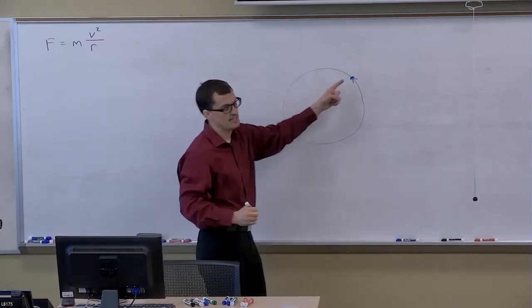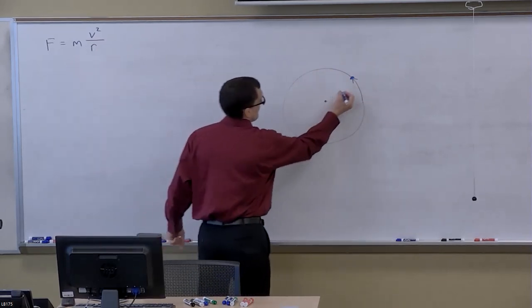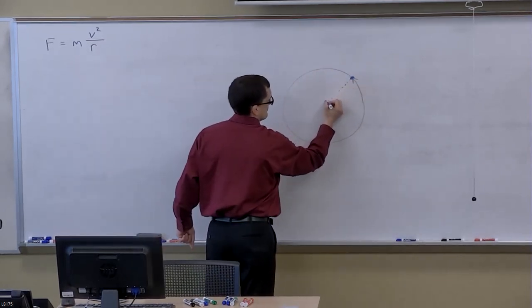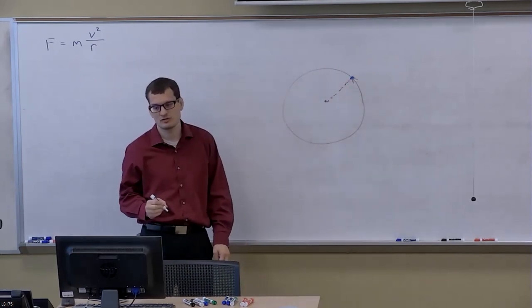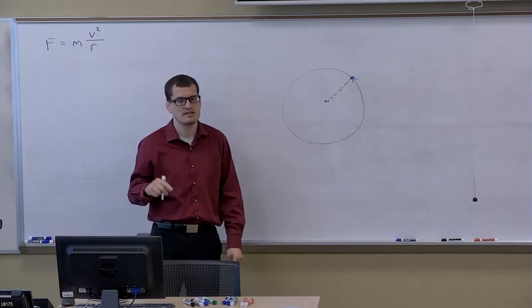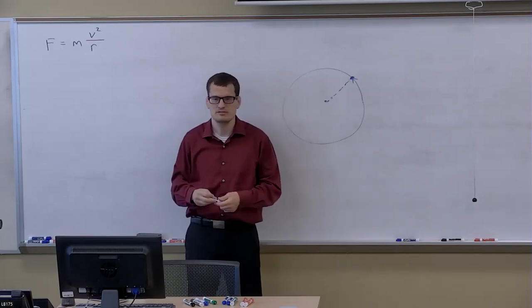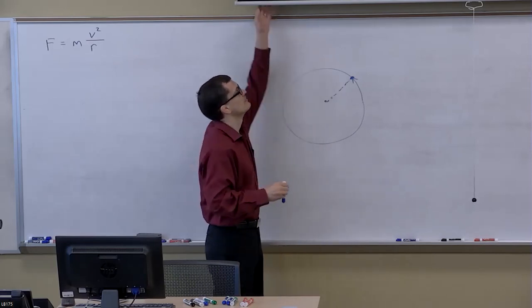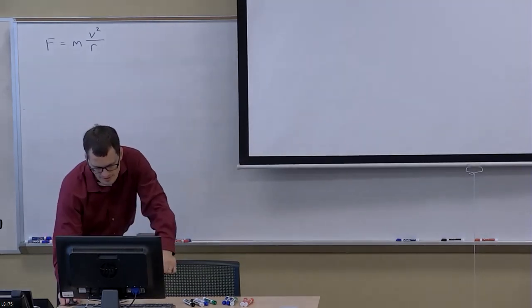The mass of the object, your m, and then the radius, the point it's spinning around, is your r. And so those things combined in that way give you centripetal force.